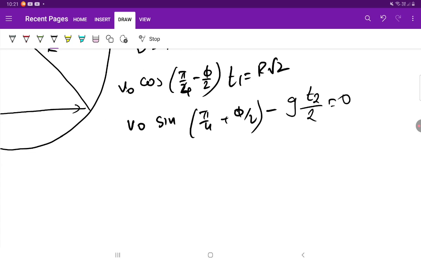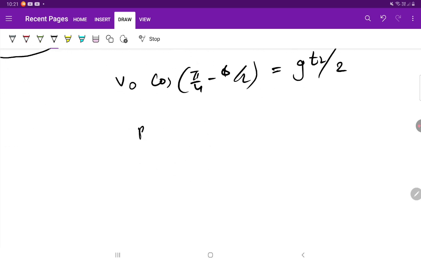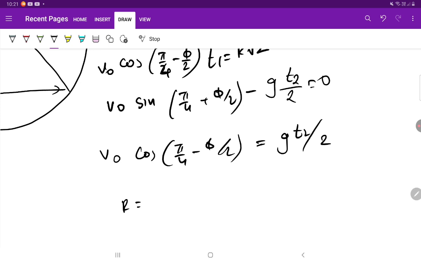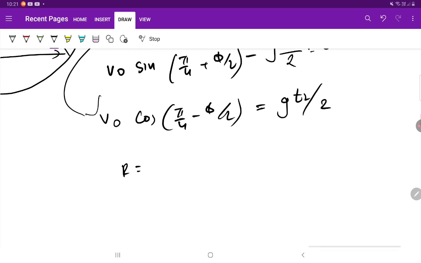Next thing we'll say is that v naught cos(pi by 4 minus phi by 2) is equal to g t2 by 2. So I will get r, basically cancelling all the terms and dividing these two, you will get r is equal to g t1 t2 by 2 root 2.